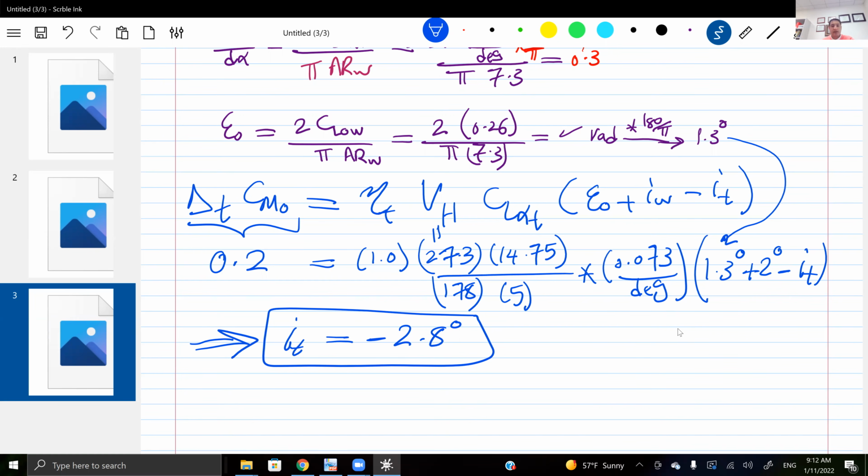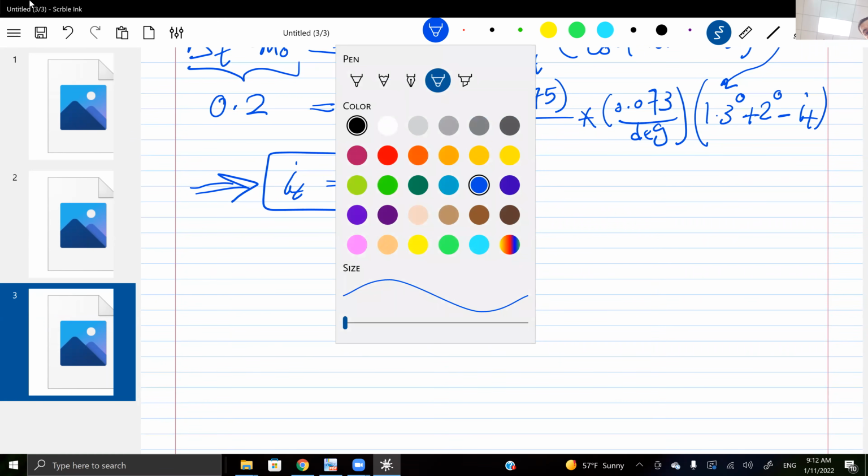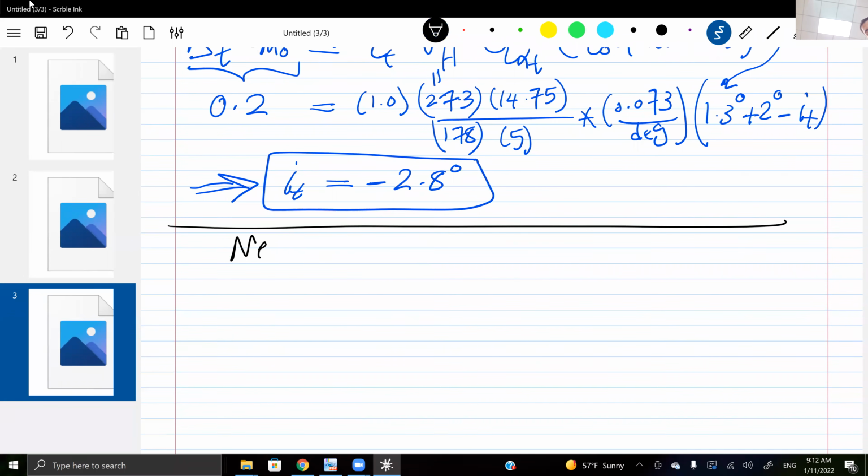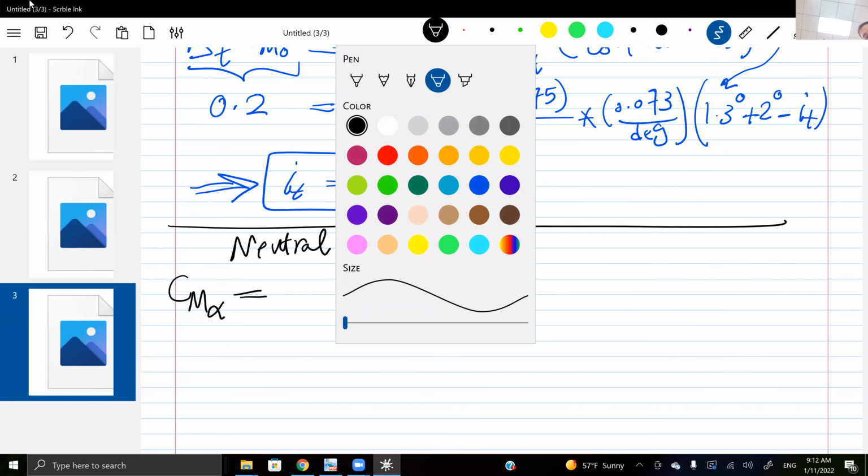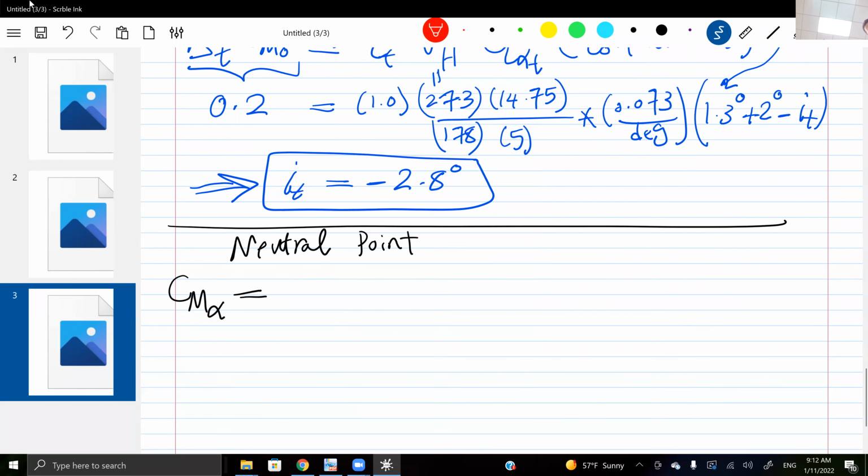All right. So let's now talk about a very important topic, which is the neutral point of the airplane. The CM alpha of the entire airplane has two contributions, one from the wing, which was CL alpha wing times XCG minus X aerodynamic center wing over C bar, plus another contribution coming from the tail.